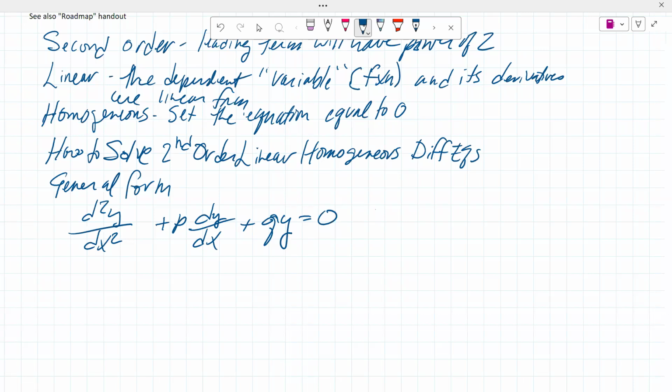The P and the Q are going to be our constants. Now, just in case you have forgotten about these notations, let me do a quick refresher. What this is saying is we have some function y of x, and this is the derivative of that function.